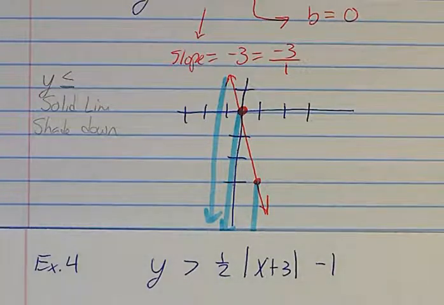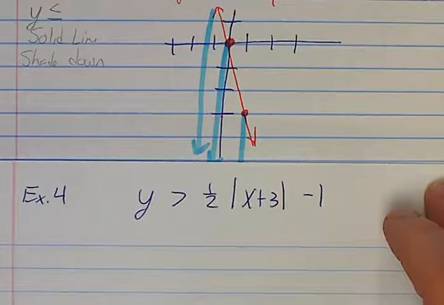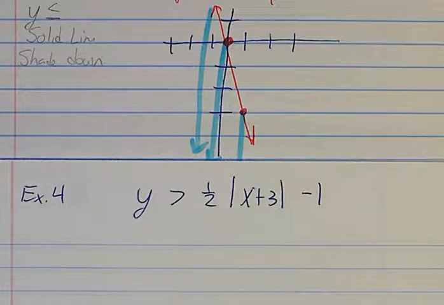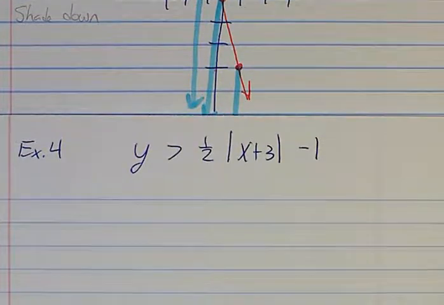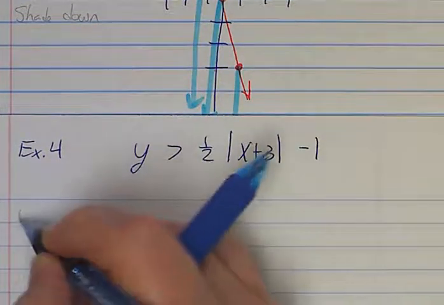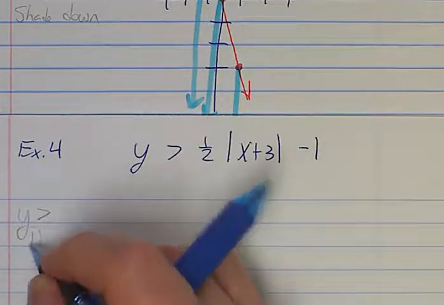Let's do y is greater than 1/2 times the absolute value of x plus 3 minus 1. Alright, this one's y greater, so it's an open or dashed line.